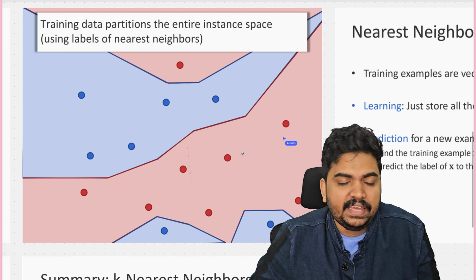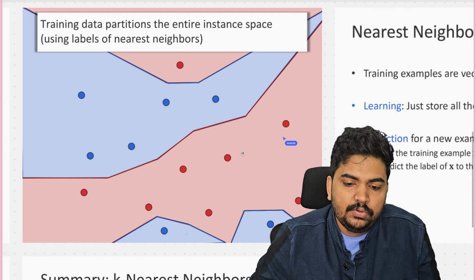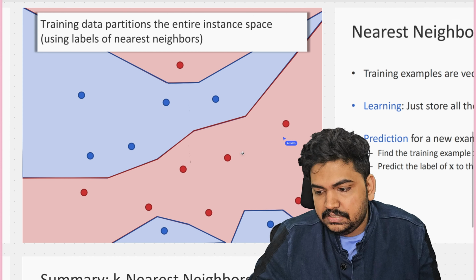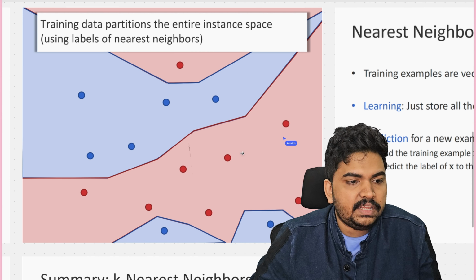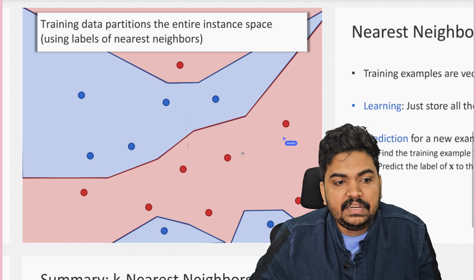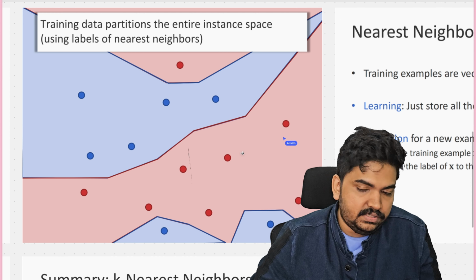I can state the same thing using distance as well. The lower the distance or higher the similarity between two data points, the closer they tend to be, and hence it is likely that they share the same class.